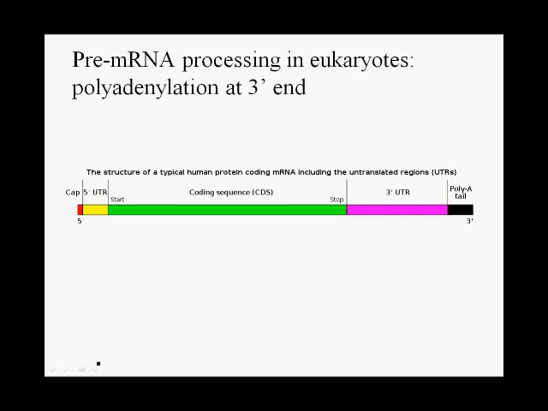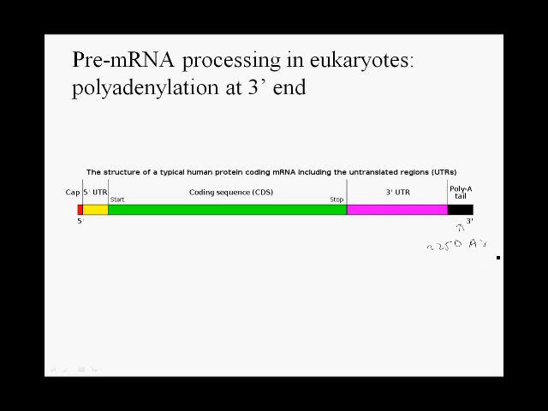So we've taken care of the 5' end, which has the cap. In the middle, splicing removes introns. And then the final step is at the 3' end. After RNA polymerase has done its job and the RNA sequence has been made, or the transcription process is complete, another enzyme called poly-A polymerase comes along and just adds about 250 A's at the 3' end.